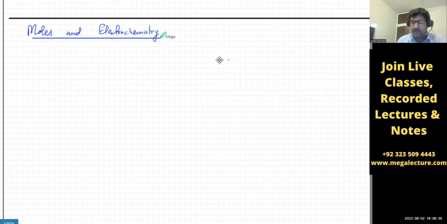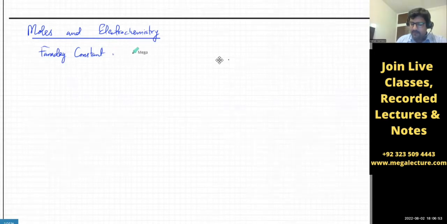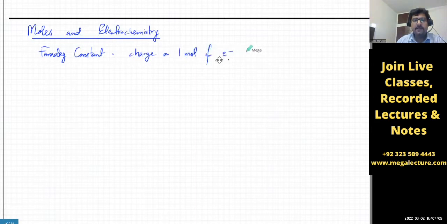Now there's a thing called the Faraday constant. The Faraday constant is going to be used when you're doing a moles question. So what is the Faraday constant? It's the charge on 1 mole of electrons. Okay, that's the Faraday constant.